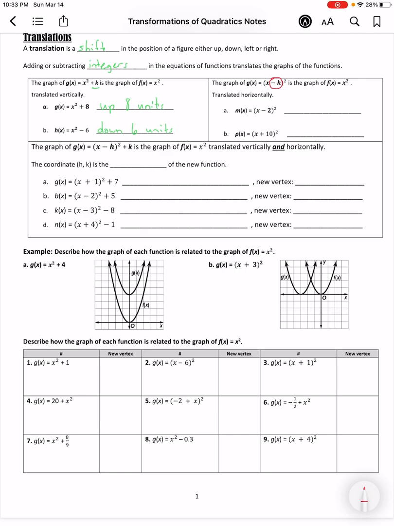So this minus 2 is really a positive 2. So it's right 2 units, because the equation says the opposite of h. Since we have negative 2, it's going to go right 2 units. And on our second one, p of x, where it says x plus 10, that's going to go left 10 units.